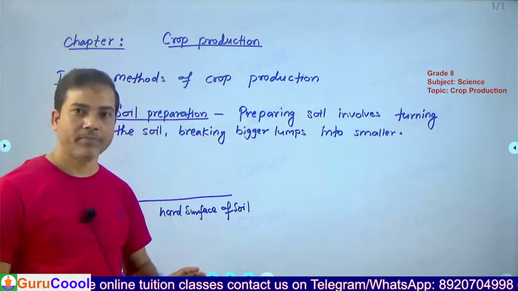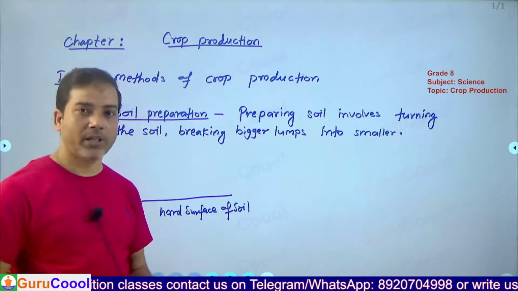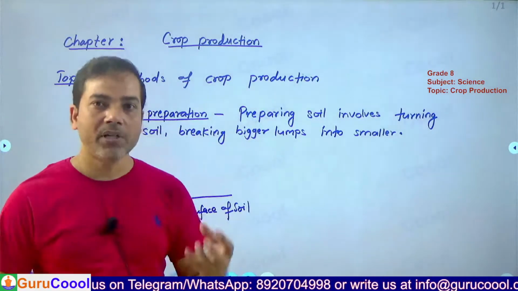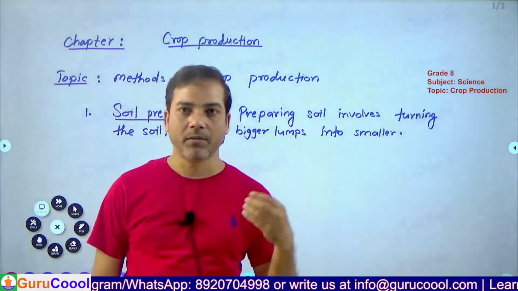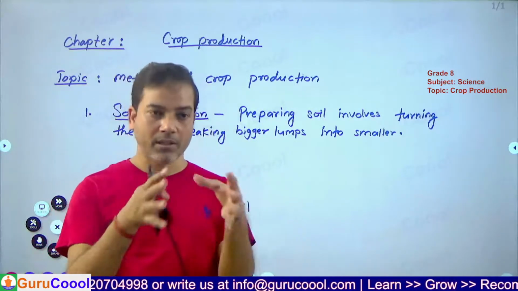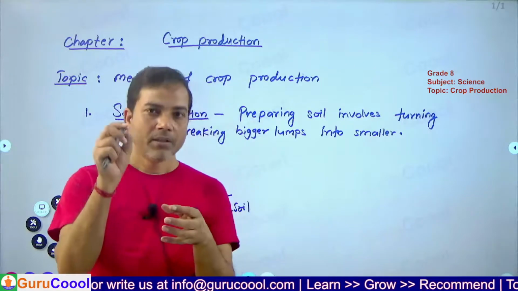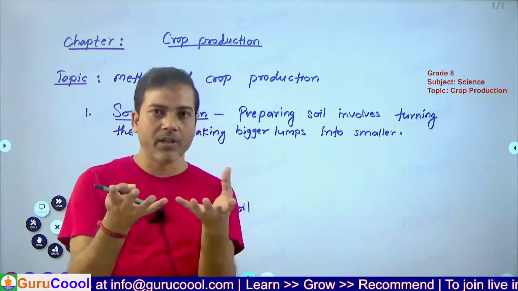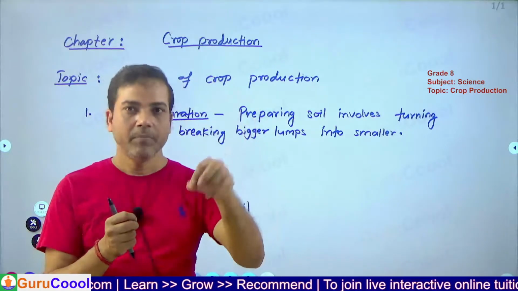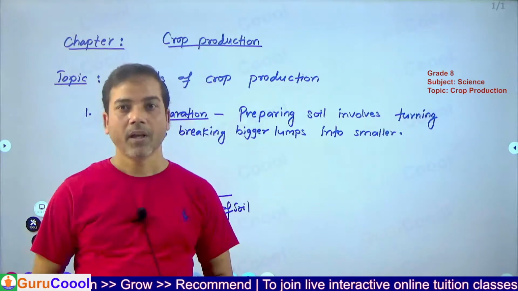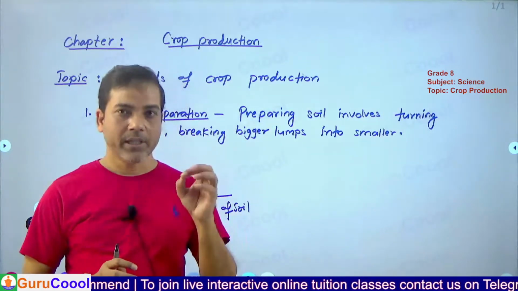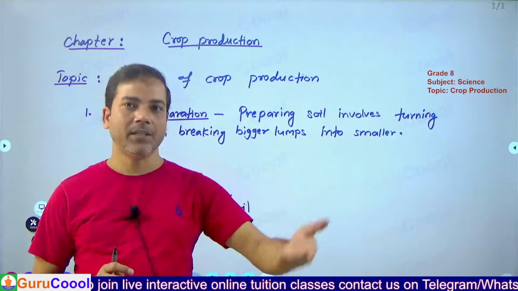It is important to turn the soil, and if the lumps are bigger, your seeds will still be visible to the birds. If you sow the seeds into the soil and the soil lumps are bigger, the seeds will be visible between the bigger lumps. Birds will come pick them up, again a loss. So you want the seeds to be hidden in the soil.